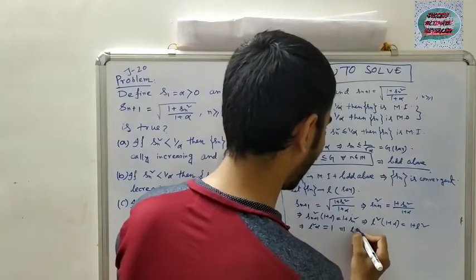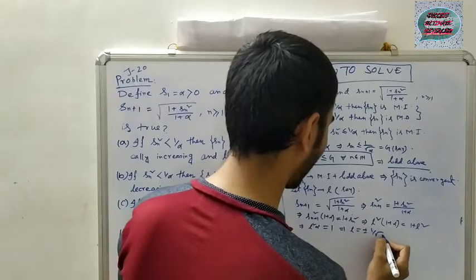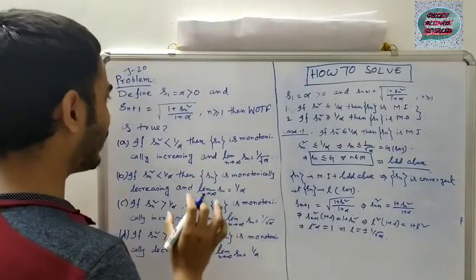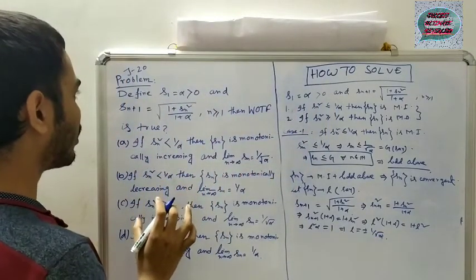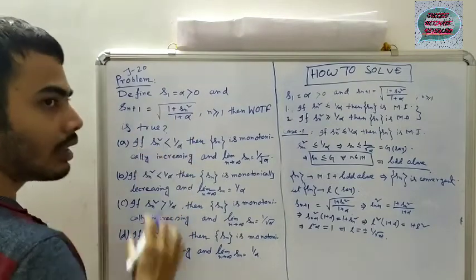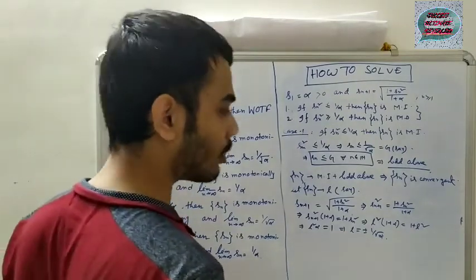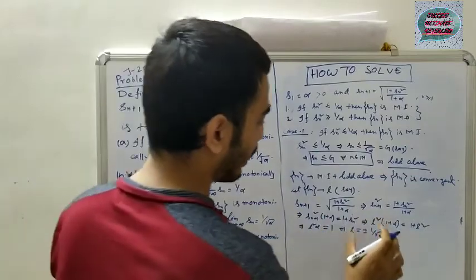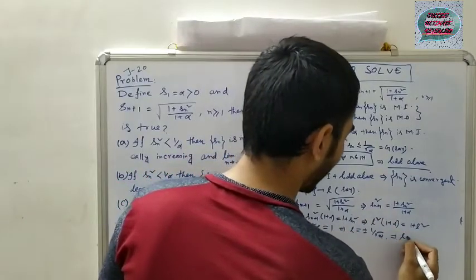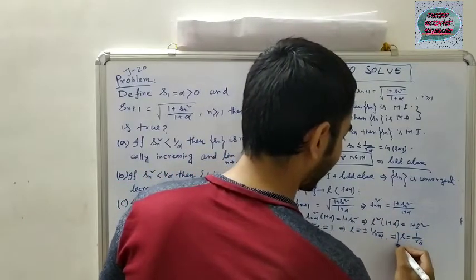That means L equals plus or minus 1 by root over alpha. Since Sn is a sequence of positive real numbers, each term of the sequence is positive, so the limit cannot be negative, so L equals 1 by root over alpha.